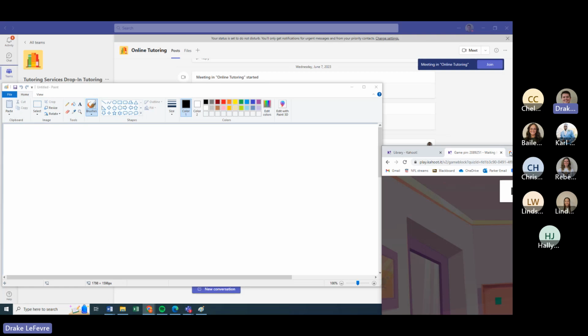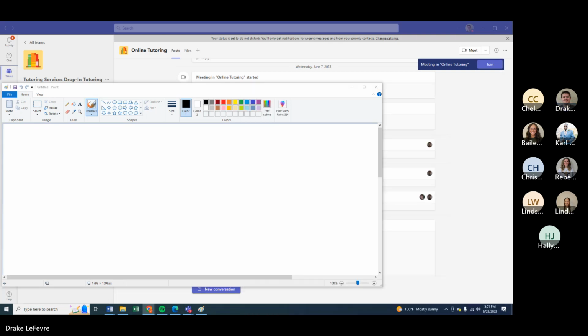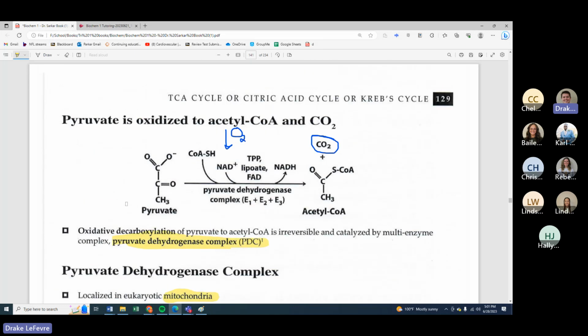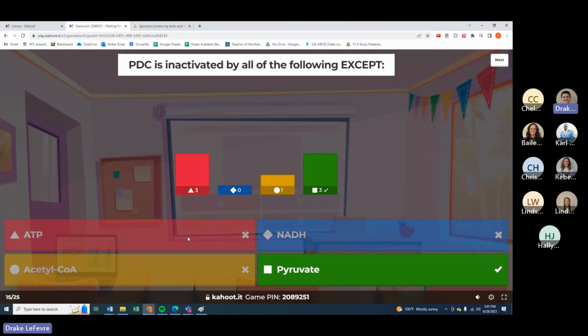So the pyruvate dehydrogenase complex is converting pyruvate to acetyl-CoA. We have what's called a negative feedback loop, meaning that once certain products are produced and readily available, they feed back and pass the information into the system saying, hey, we've got what we need, we don't need to keep making more.